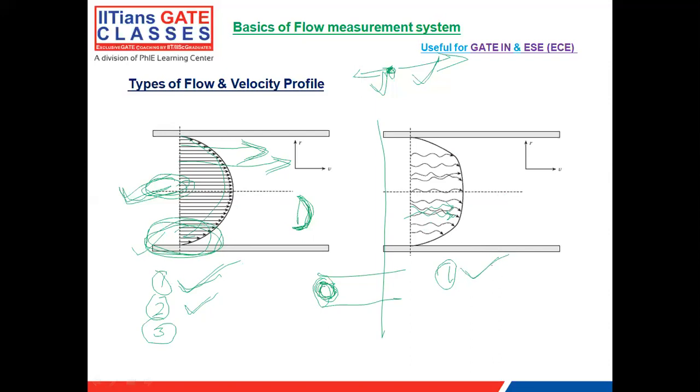Second point is that particles here move randomly in 3 dimensions and occupy different relative positions in successive cross sections. If you take one cross section, and another cross section, you can see that particles are moving randomly in 3 dimensions.